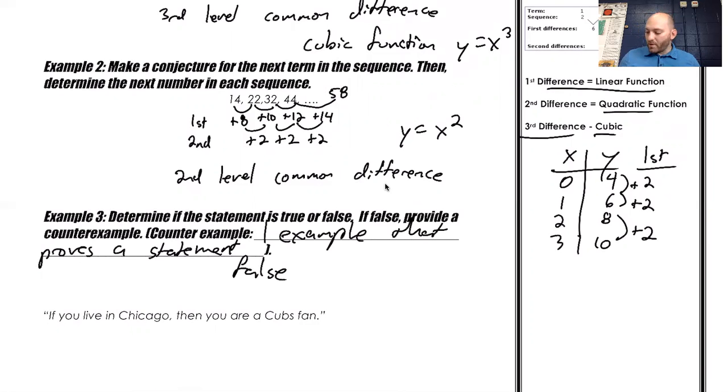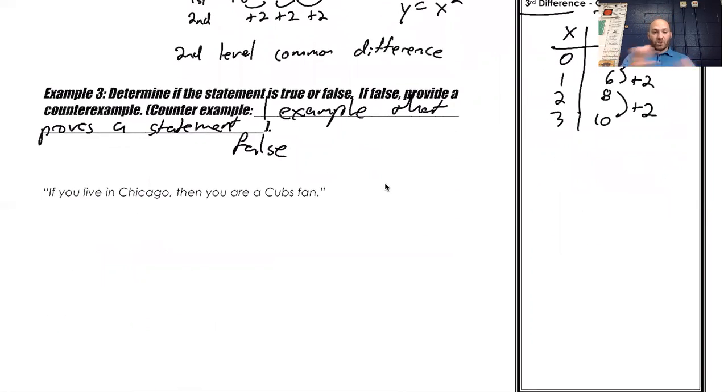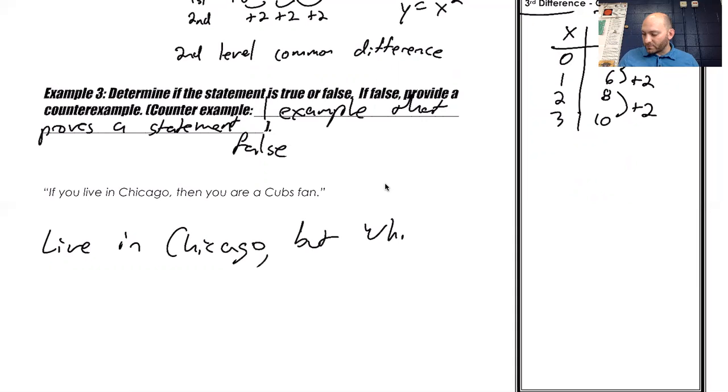Okay, so if I look at this statement here, if you live in Chicago, then you are a Cubs fan. Hopefully that's true, but if it's not, here's a counterexample. What if you live in Chicago, but you're a White Sox fan? That's a counterexample. My writing was pretty terrible with that. Let me fix that a little bit, make it look a little nicer.